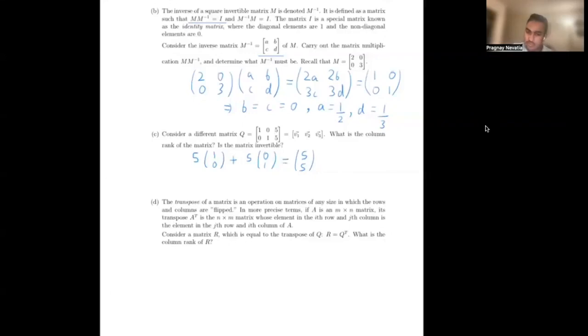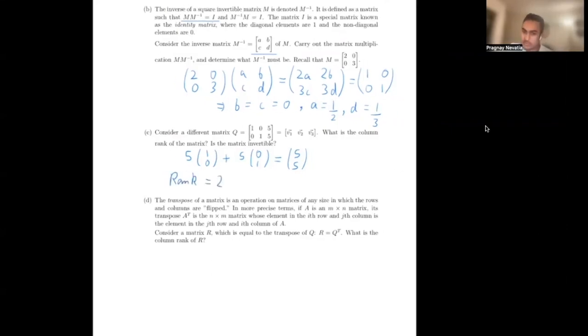This essentially means that the third column is linearly dependent on the first two columns. For any given combination, there are only two linearly independent columns. So the rank of the matrix is 2.